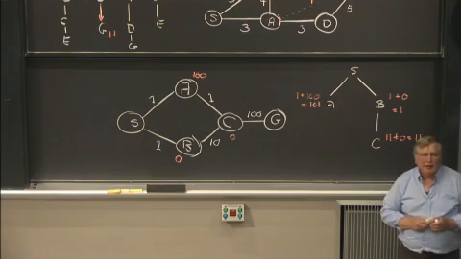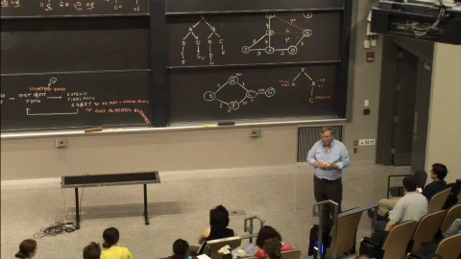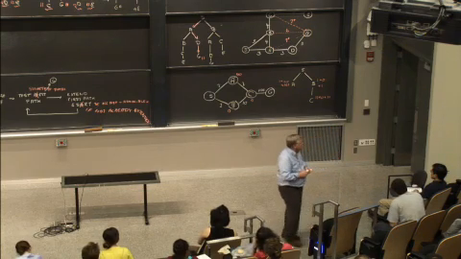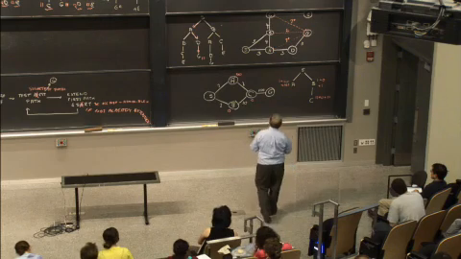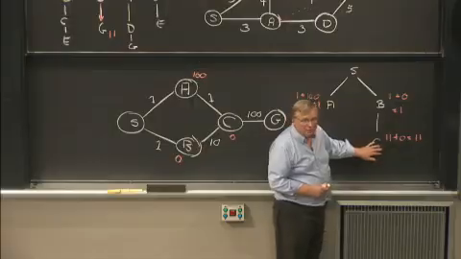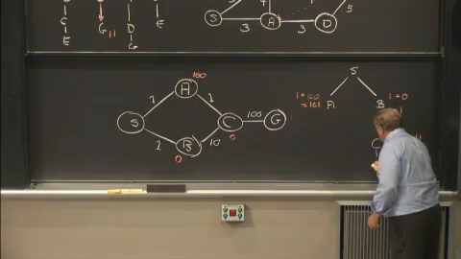So now I'm following my heuristic again and saying, what's the shortest path on the basis of the accumulated distance plus the estimated distance? Here, the accumulated distance plus the estimated distance is 101. Here it's only 11, so plainly I extend this guy. And that gets me to the goal.